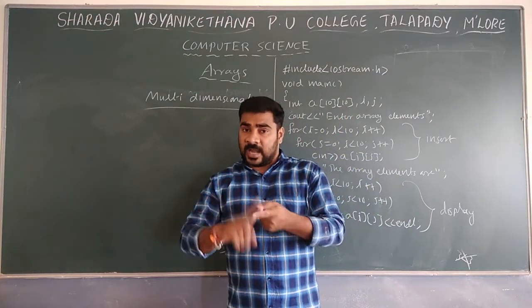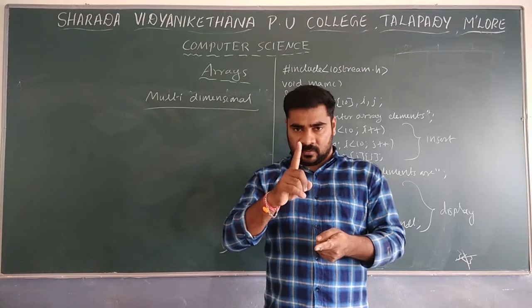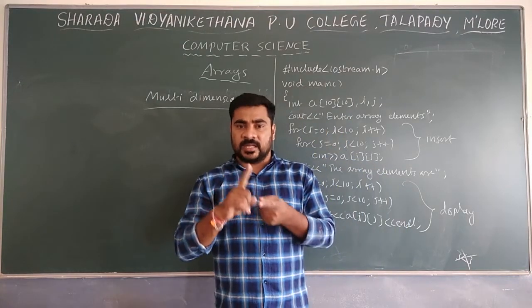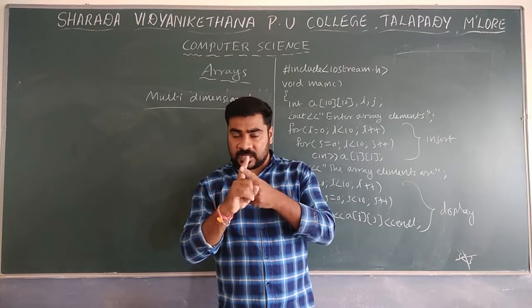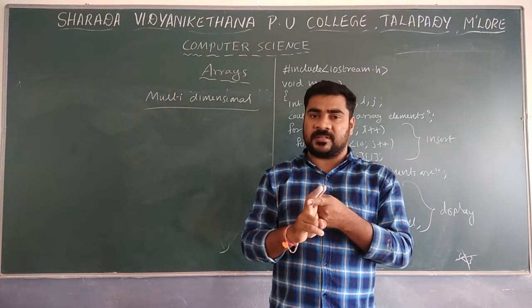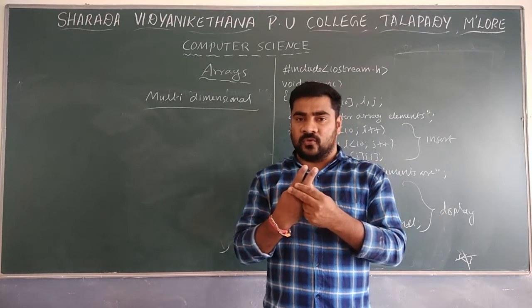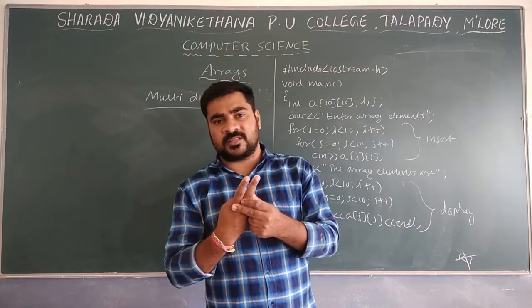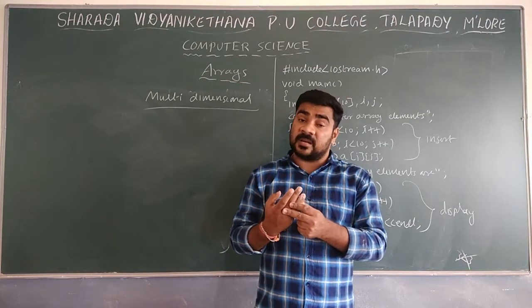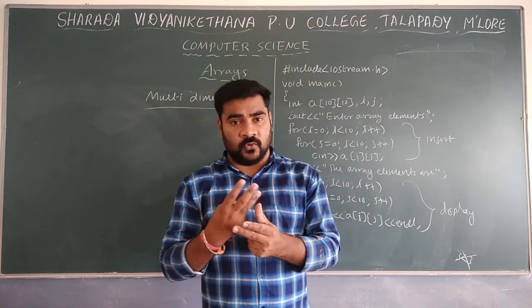Remember, for a one-dimensional array we use only one for loop to access the array elements. In case of two-dimensional arrays, we have to make use of two for loops. Whenever it is a three-dimensional array, you have to use three for loops.